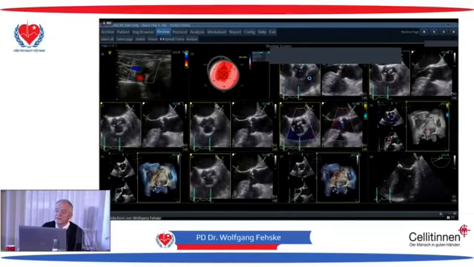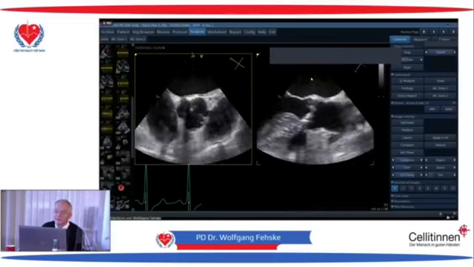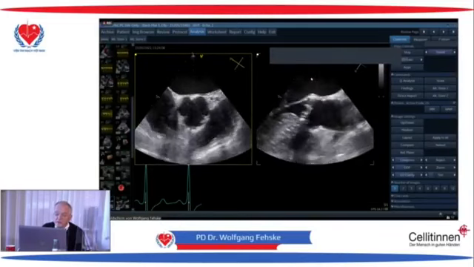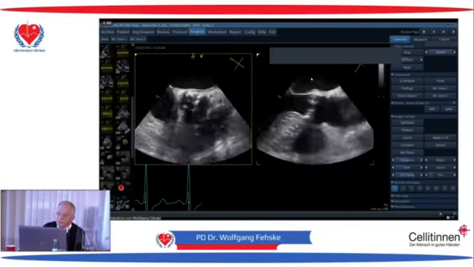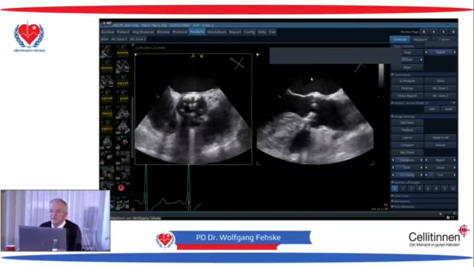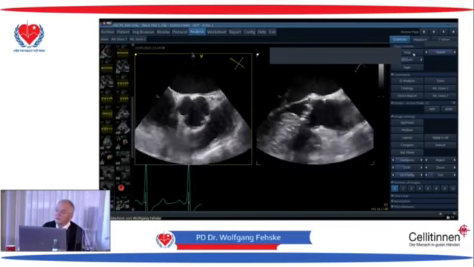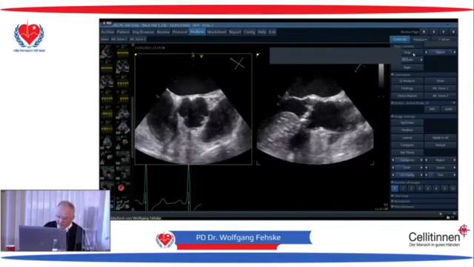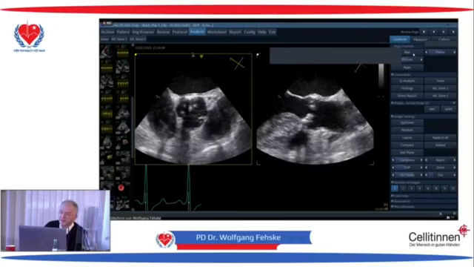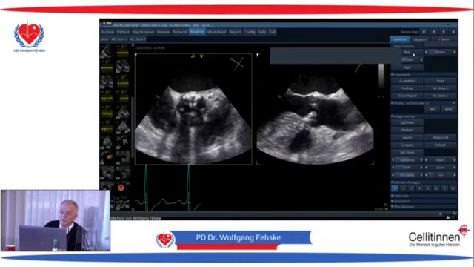So we started directly with the aortic valve. And look, I wanted to explain to you with this TEE what you should do to have an optimal result for planimetry.